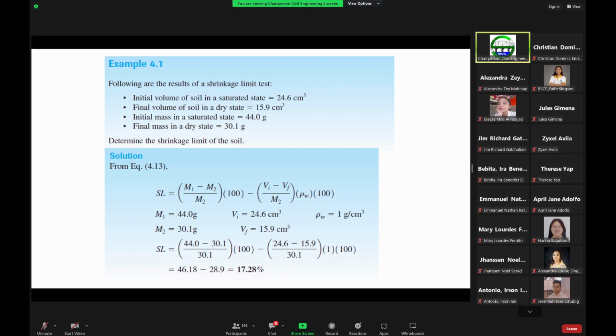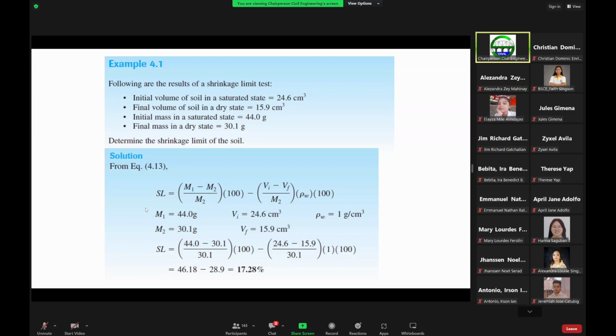From the previously defined equations, we have the formula for the shrinkage limit, which is the initial mass minus the final mass over the final mass.